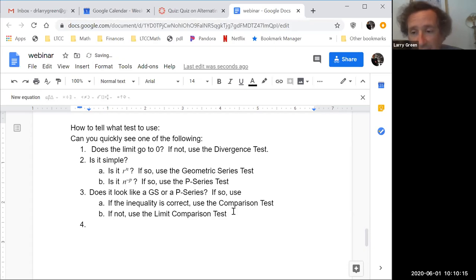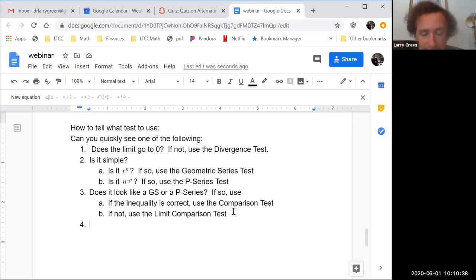Any questions on that? Okay, and when I say does it look like it, is there a dominant term in the numerator and the denominator, and we just look at the dominant terms only, then it's going to be a p-series or geometric series. That's what I mean by does it look like it.